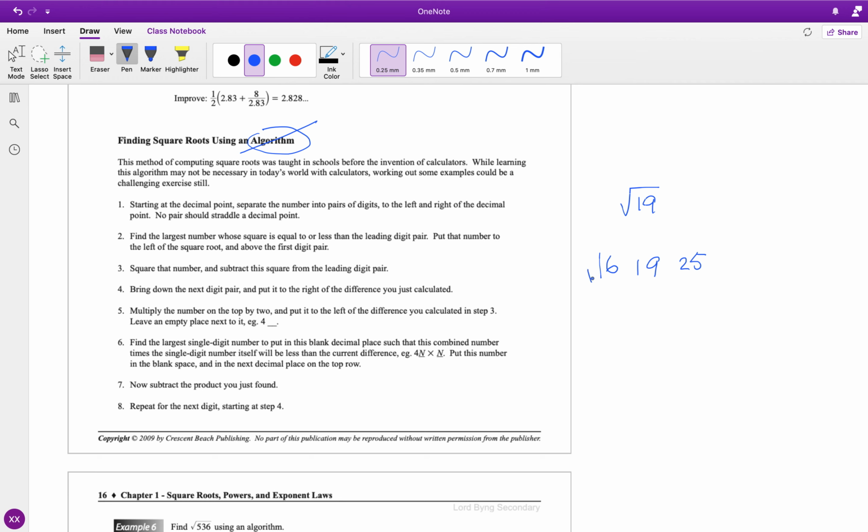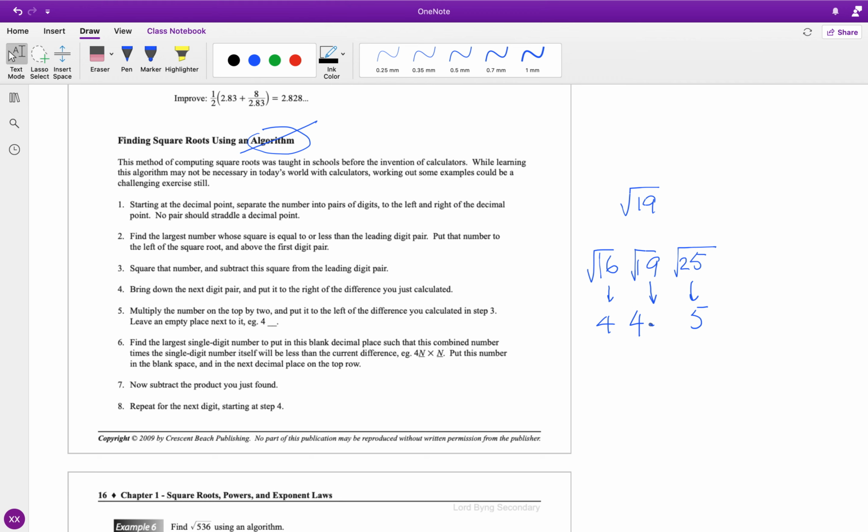If we take the square root of these three numbers, this one equals 4 and this one equals 5. So, very naturally, we can be sure the square root of 19 will be somewhere between 4 and 5. So it will be 4 point something.